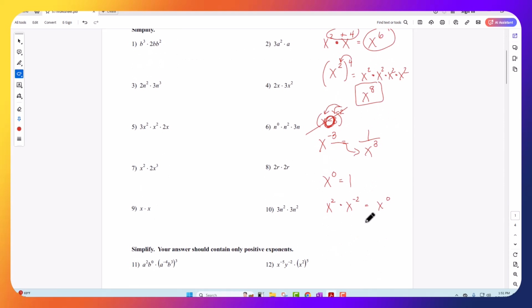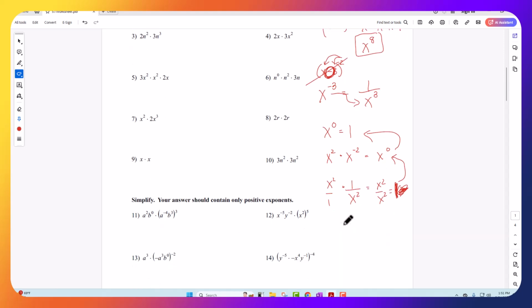But if I write x to the negative 2 as 1 over x squared, I would then have x squared over x squared, which we know is equal to 1. Therefore, x to the 0 must equal 1. So again, if you have anything raised to the 0 power, we're going to replace that with 1.